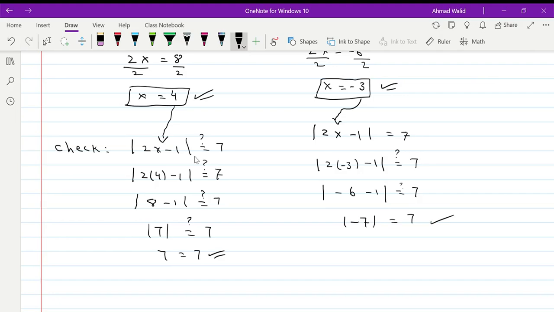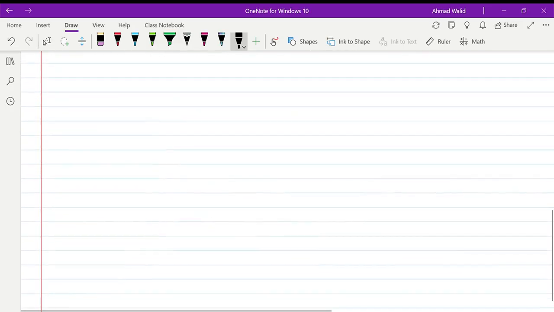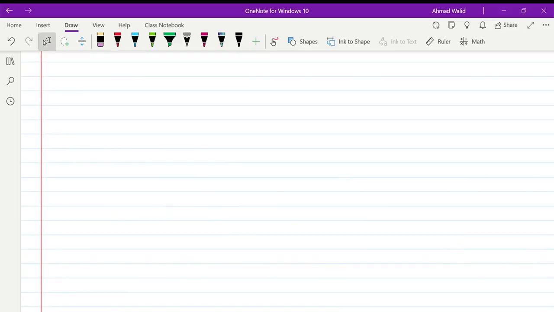It means there are two numbers, only and only two numbers, that if you plug them into the given equation, the absolute value of 2x minus 1, it gives you 7. Correct? Let's do another example and explain more steps in it. Example number 2. In this example, I'll add more steps in it.